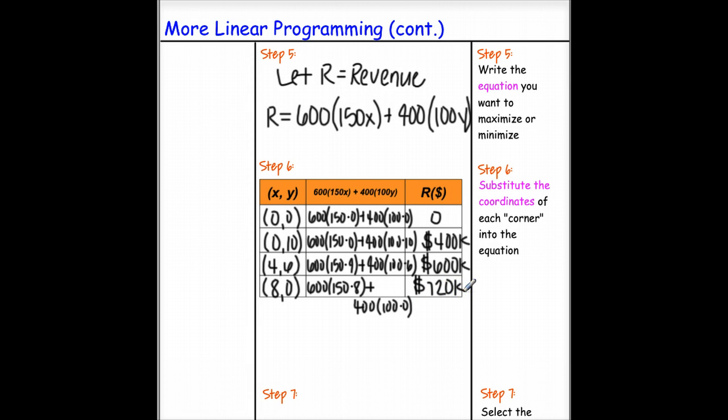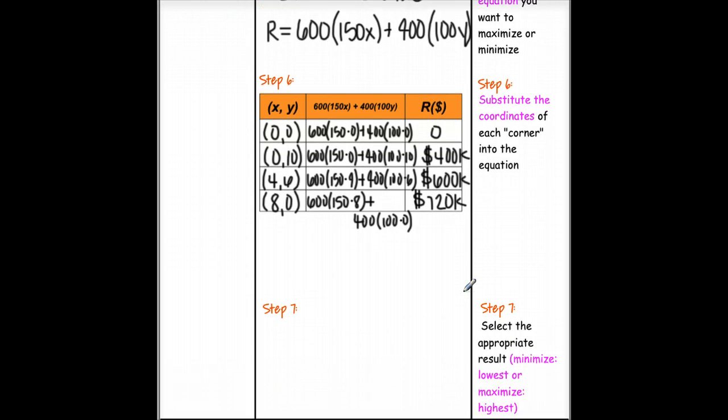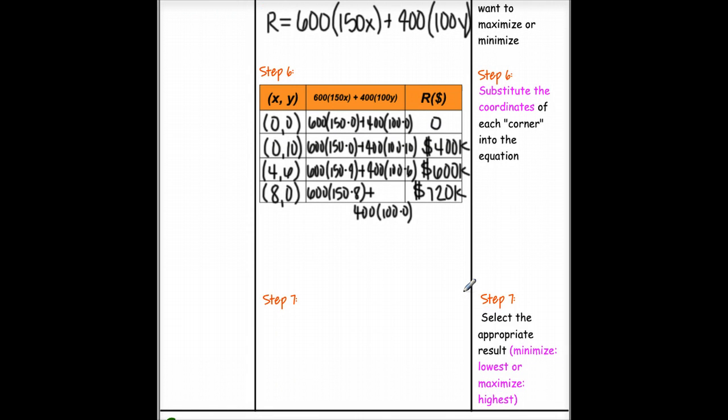So now our final step is going to be that idea of taking our values and selecting the appropriate result. We want to maximize our revenue. Therefore, we want to pick the largest value, which means that our ordered pair 8, 0 is going to result in the largest revenue.